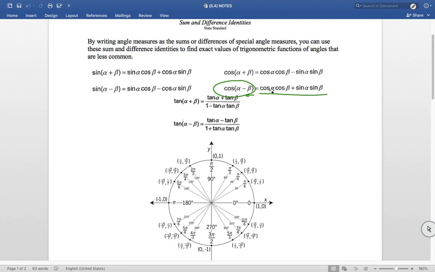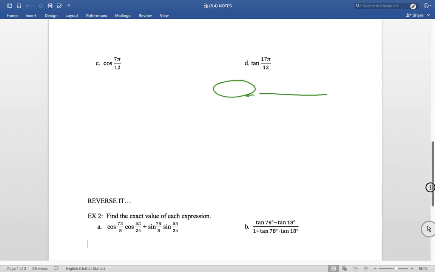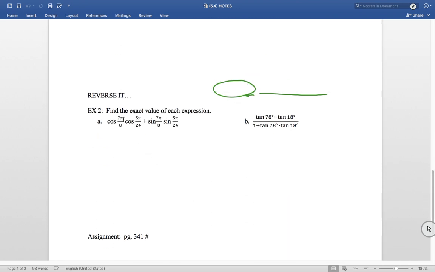And it's actually not too bad because alpha is just your first angle measure, and beta is your second. So I'm going to write this as the cosine of 7/8 pi minus 5/24 pi. It's going to go backwards.